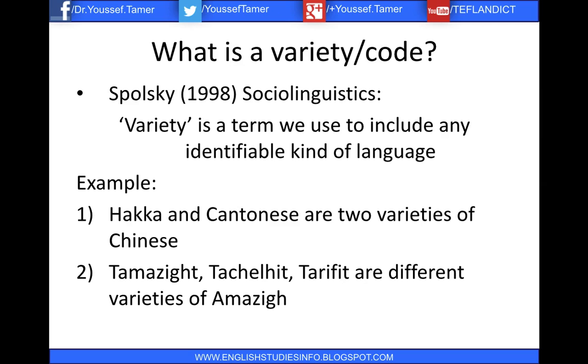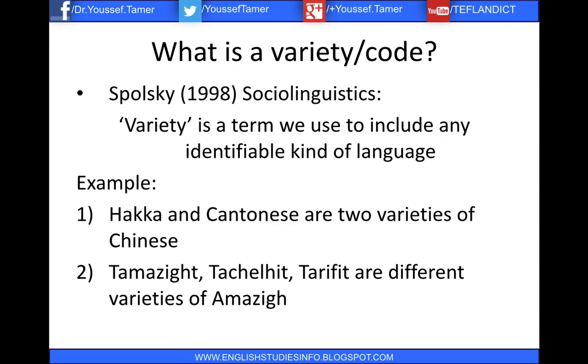In our context, Tamazight, Tashlhit, and Tarifit are different varieties of Amazigh. Same thing for Arabic.